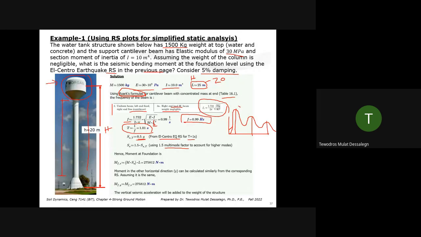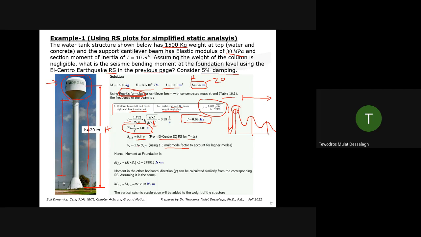Usually the first mode, what we call the fundamental mode, is very dominating. But to account for other modes, in a complex structure you may have several thousand modes, we increase the acceleration by 50% in the static analysis.